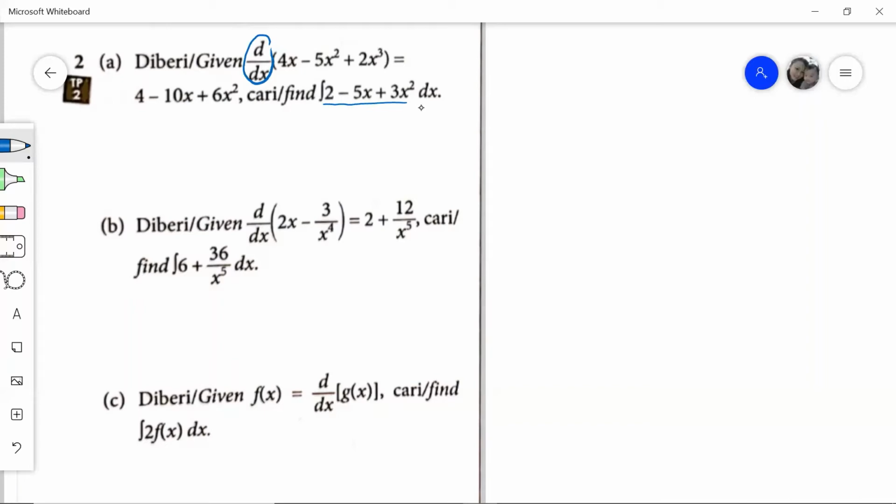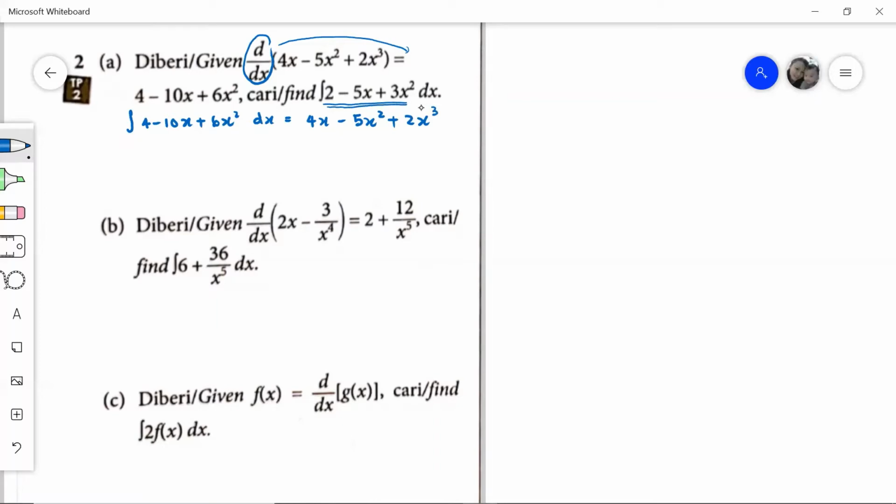Once I bring this across to the other side of the equation, I will have the integral of 4 minus 10x plus 6x squared with respect to x. We will get back 4x minus 5x squared plus 2x cubed. However, the question asked is 2 minus 5x plus 3x squared.